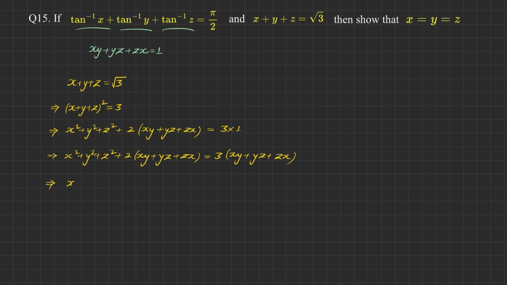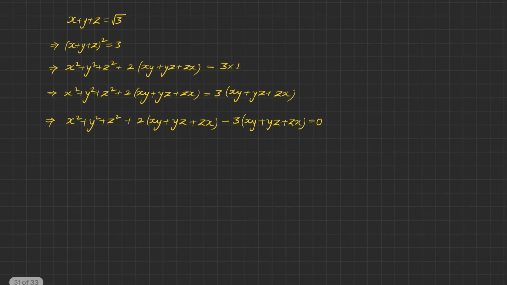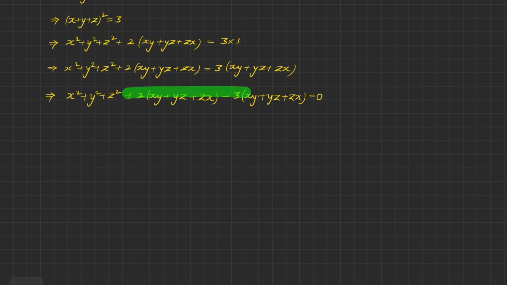So here it will be x square plus y square plus z square plus 2 times (xy plus yz plus zx), and it will be minus 3 times (xy plus yz plus zx) equals 0. Now since these are like terms, we can subtract directly. So it will be x square plus y square plus z square minus (xy plus yz plus zx) equals 0.